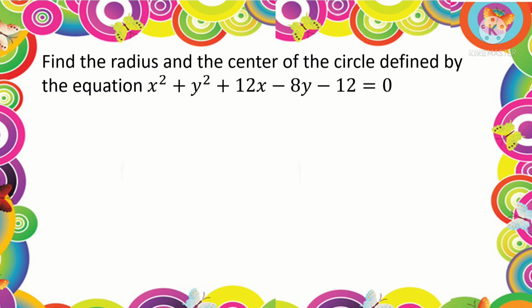Next, find the radius and the center of the circle defined by the equation x squared plus y squared plus 12x minus 8y minus 12 is equal to 0. To know the radius and the center of this circle in general form, you have to convert it first to standard form.